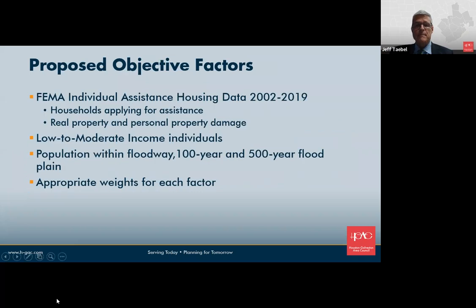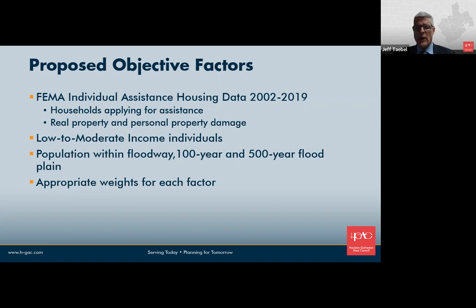Next slide, please. So we have been looking to that end at 4 potential objective factors, and I'm going to briefly describe these. We have the data of those who have requested FEMA individual assistance in all of the named disasters going back to 2002 through 2019.